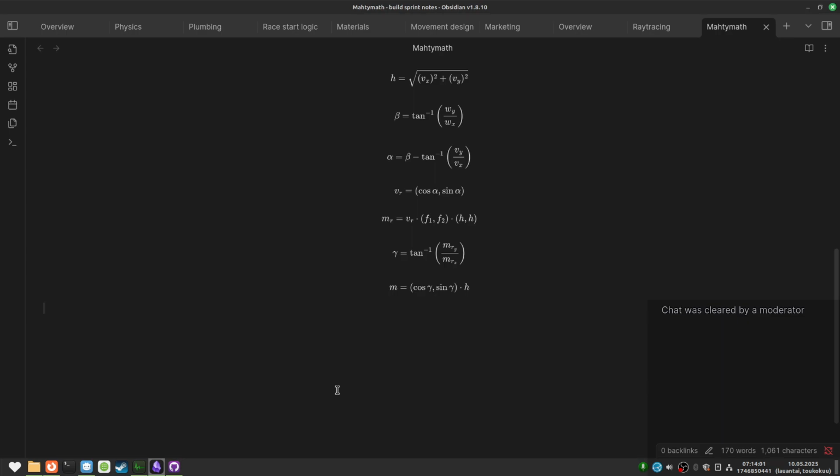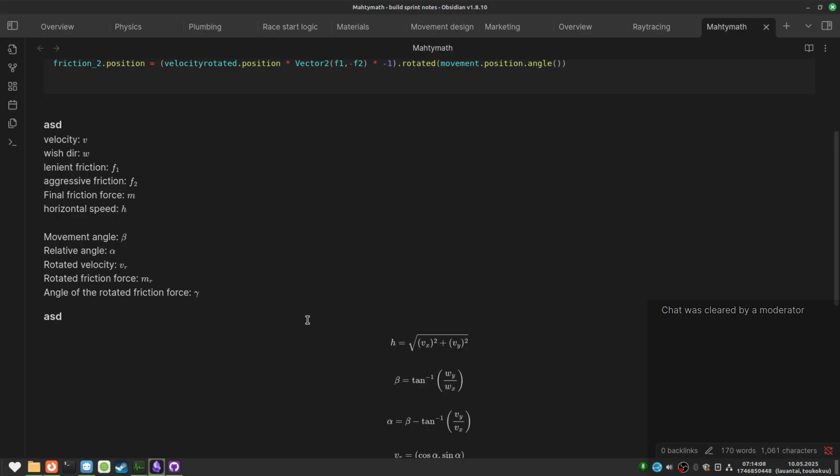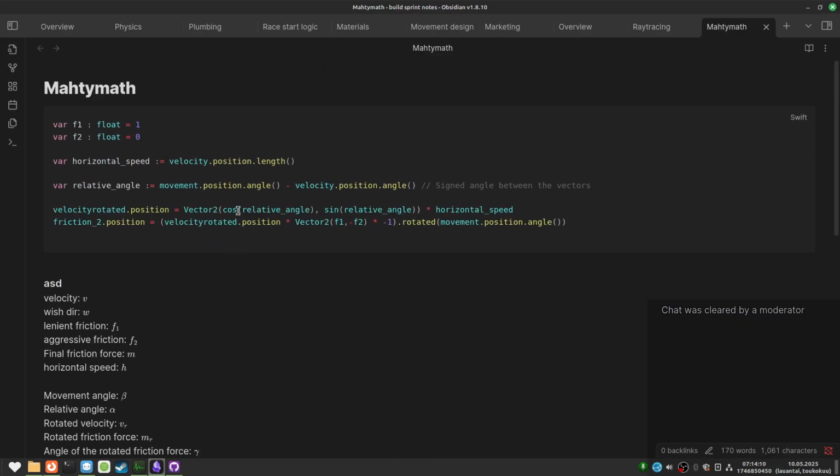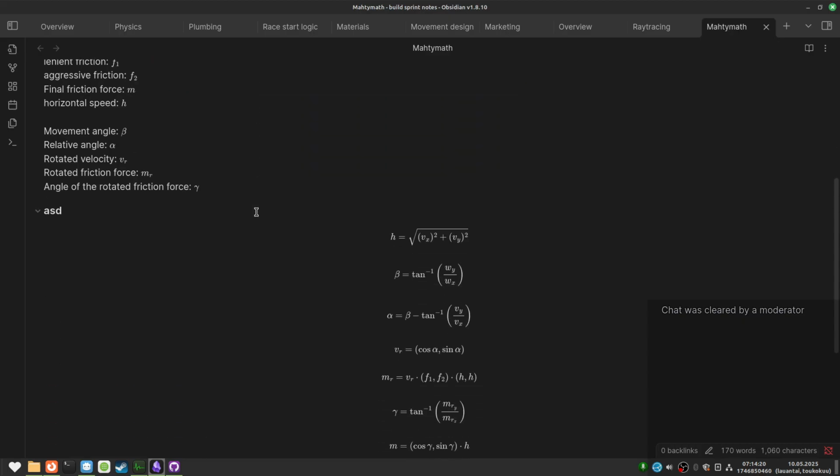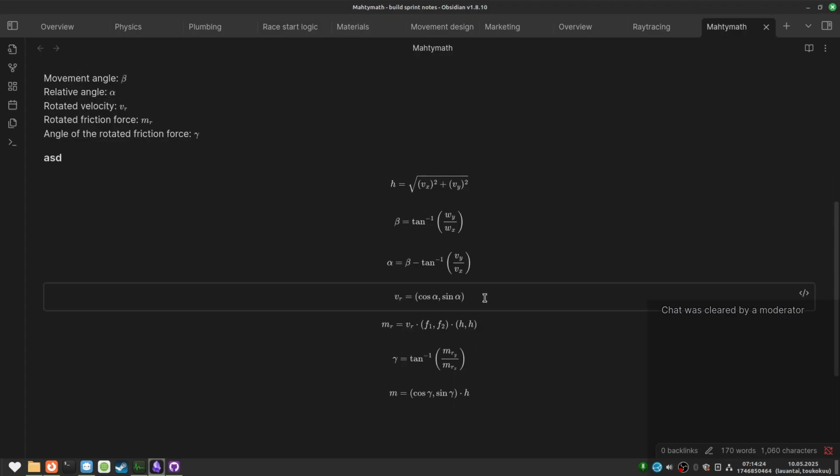Because it has to change based on the relative angle. It has to change based on the relative angle. How does this work, actually?